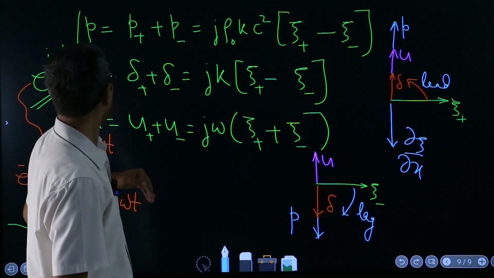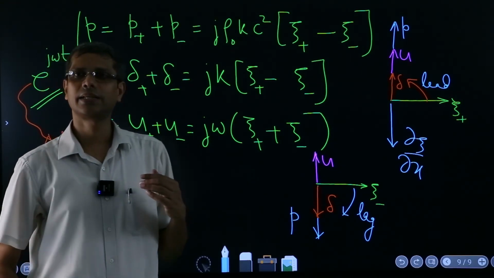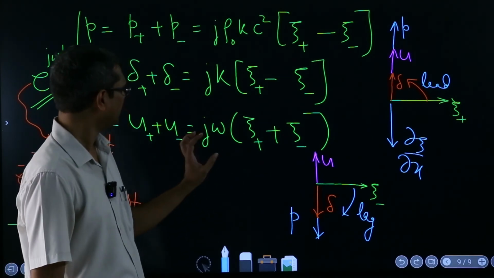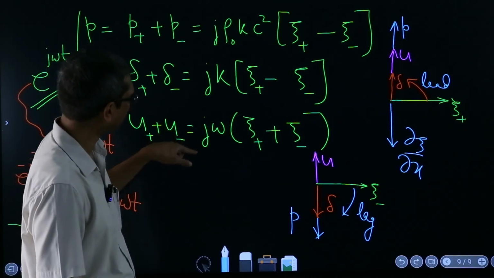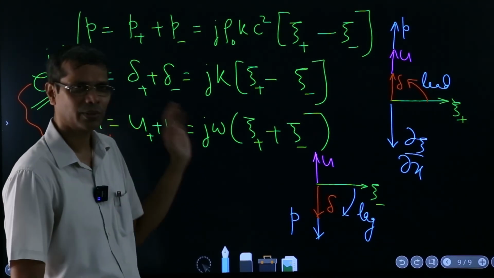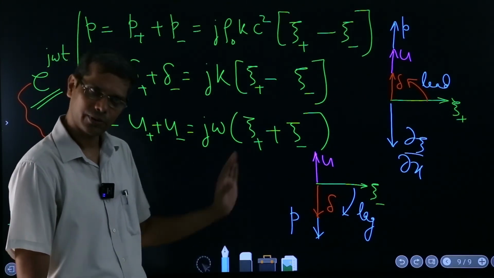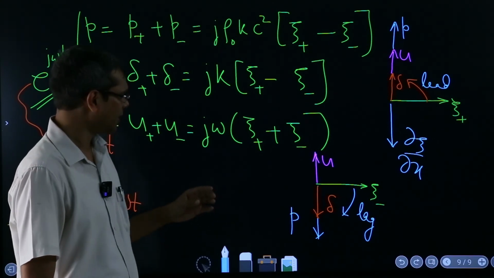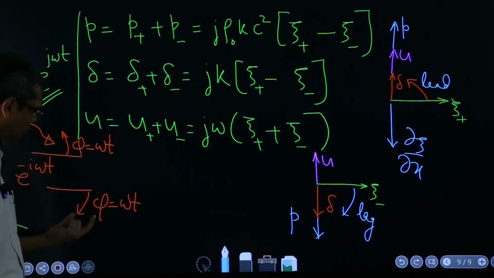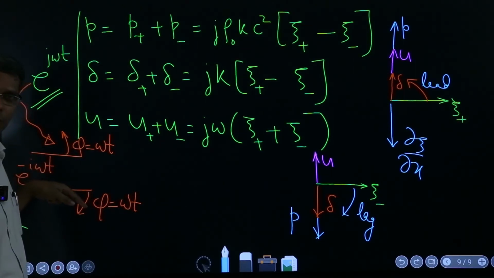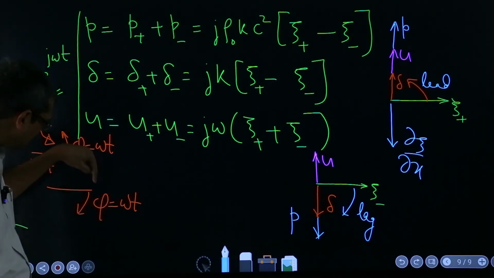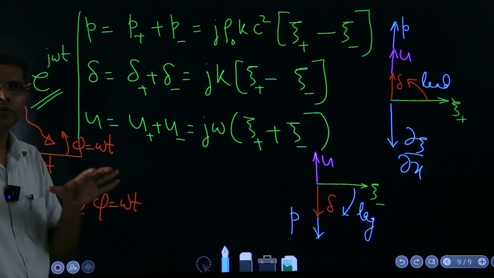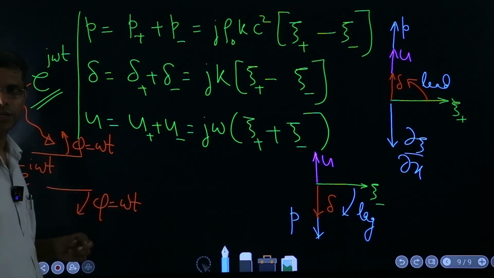If you write all these equations in the e raised to minus I omega t convention, you will get slightly different expressions, because wherever you see j, you can replace it with minus I. But if you don't take into account in which direction I should call lead and lag, you will miss those words when they are used.